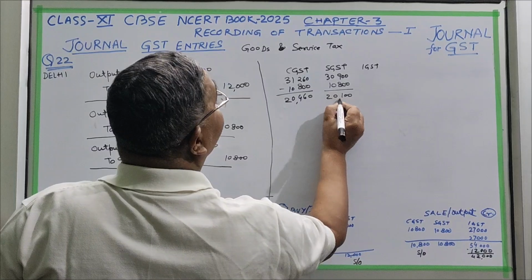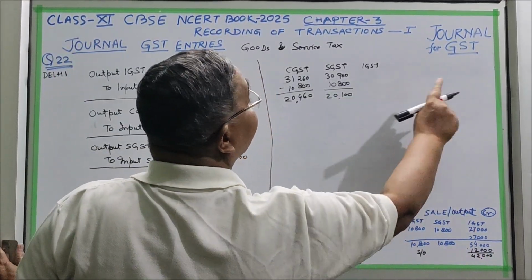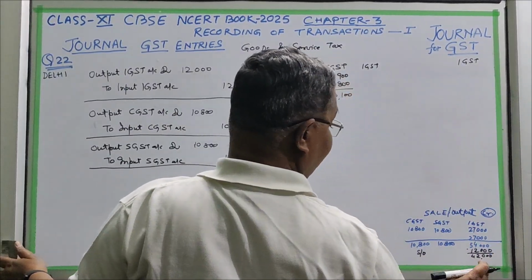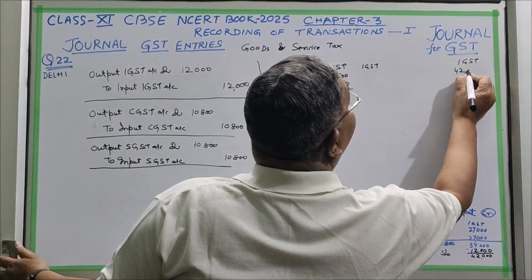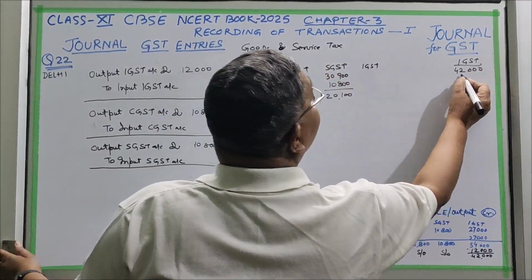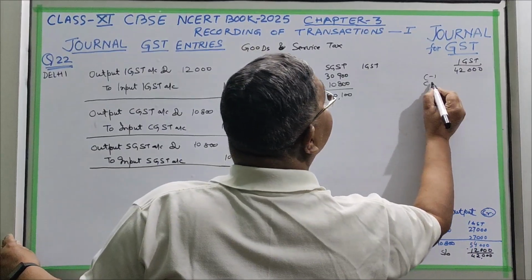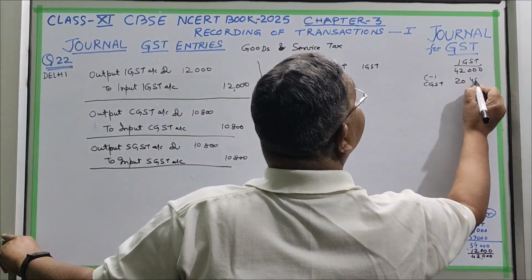Now from IGST, our balance is 40,200. This we can use first for CGST. 20,460 we can use from here.